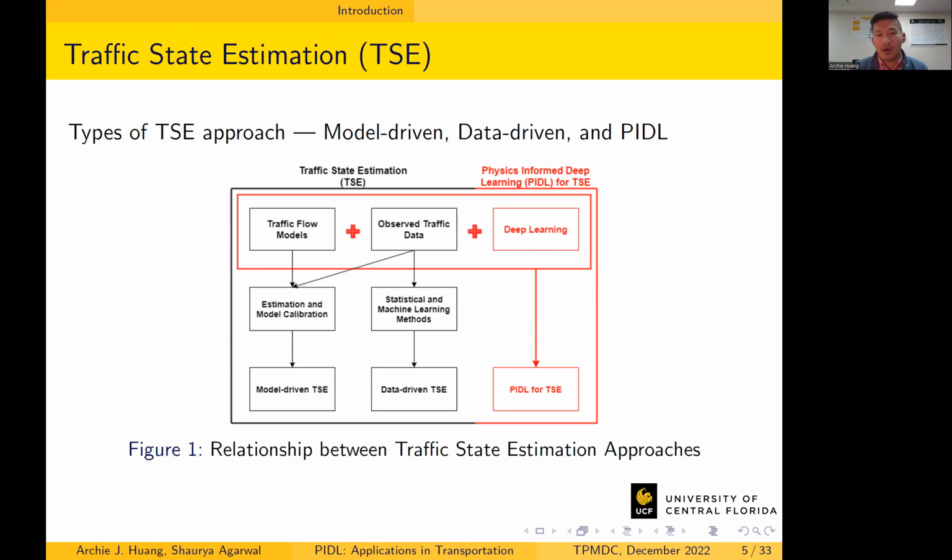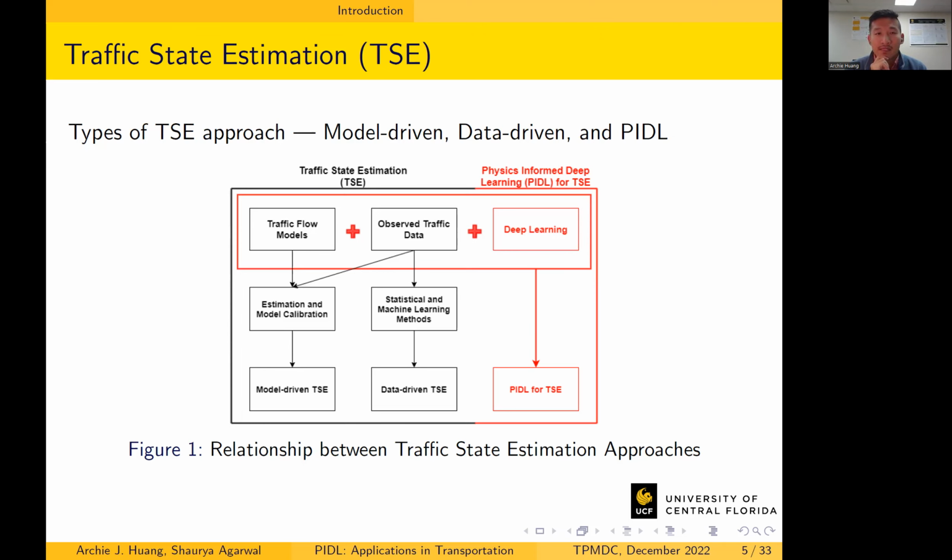In the middle column is the data-driven approach, where you rely on historically observed traffic data and apply statistical or machine learning methods for the purpose of TSE.